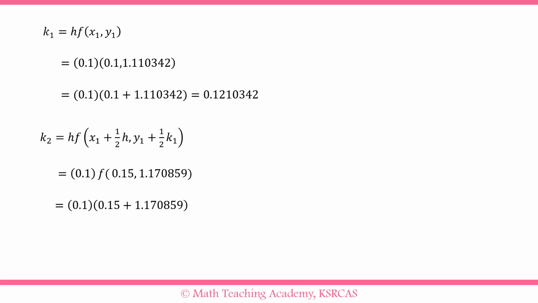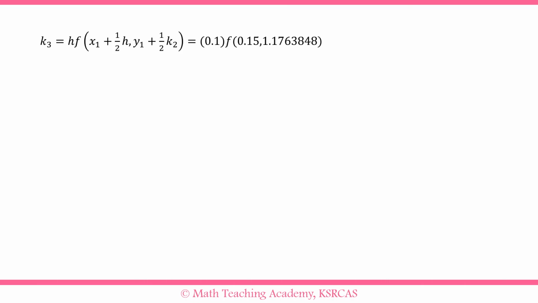So f of x comma y equal to x plus y, x value is 0.15 plus y value is 1.170859. So the final answer is 0.13208.